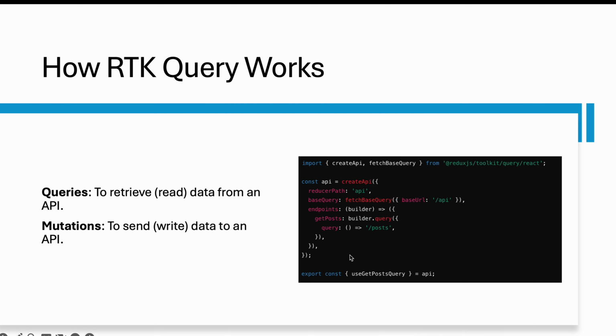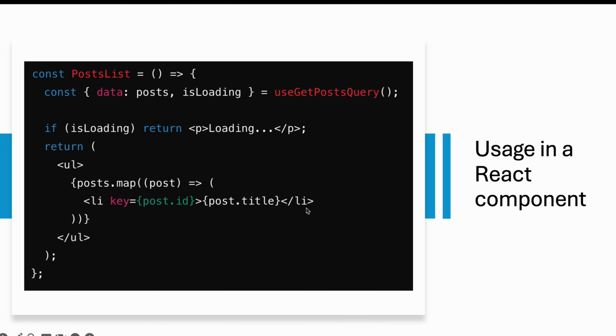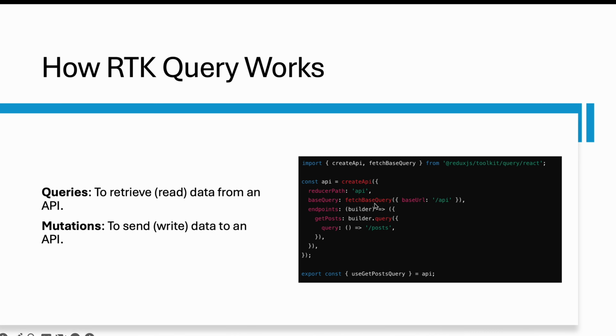You see we have not created anything here like isLoading or anything like that. But when you are doing this useGetPostQuery, it is giving you all sorts of things out of the box, right? So isLoading is already created for us. It is all done within createApi. We do not need to worry about that.